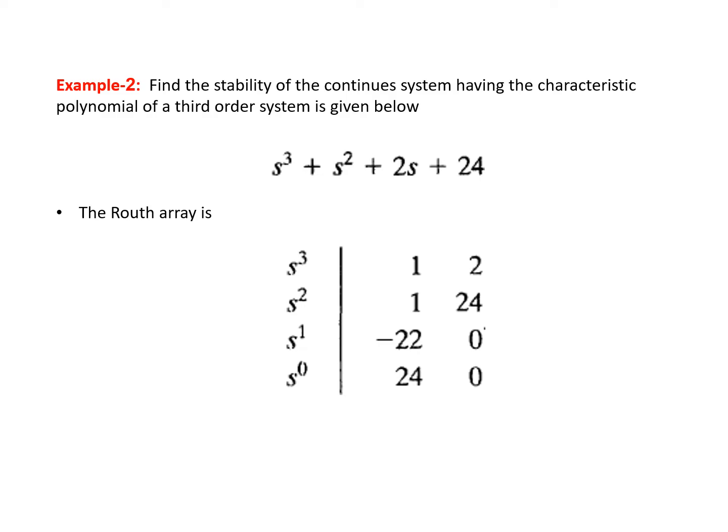Now you can observe that when I move from here to here, there is no sign change. From 1 to minus, there is one sign change, and from minus to plus, again you have one sign change. So totally, we have two sign changes.